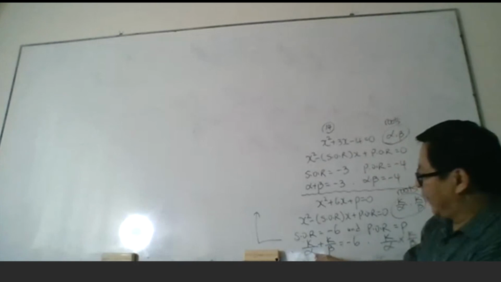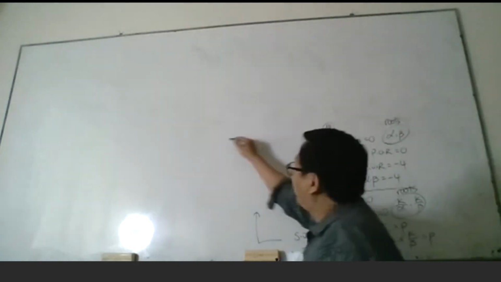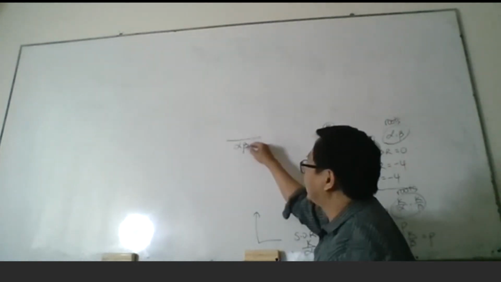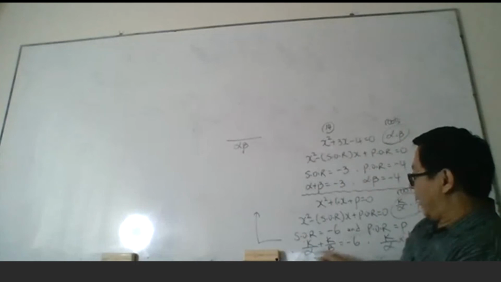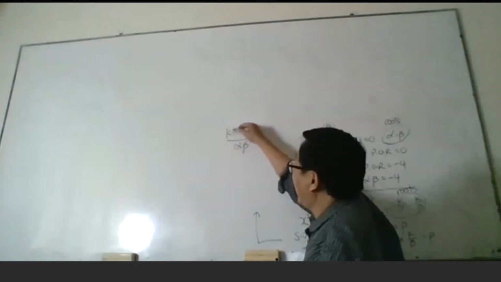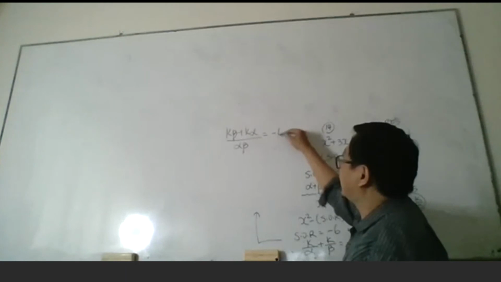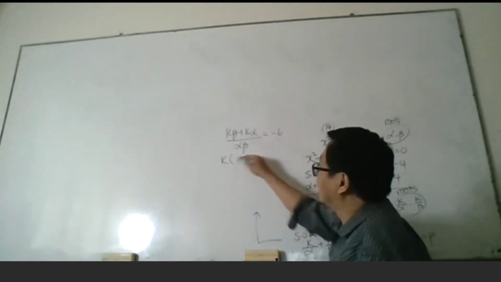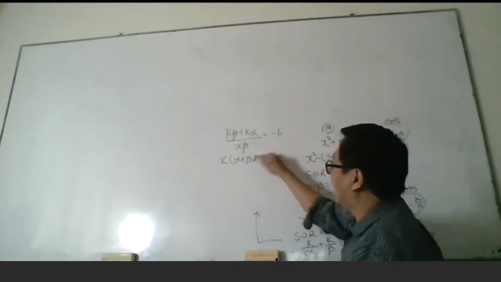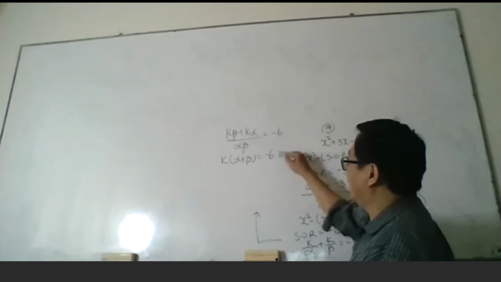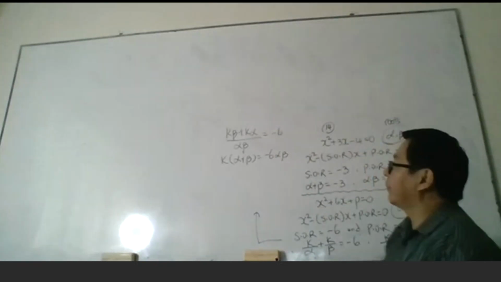Okay, so be careful for this. Here I will put the LCM alpha beta, so it will be k beta plus k alpha, equal to negative 6 alpha beta. K taken out, alpha plus beta, equal to negative 6 alpha beta.